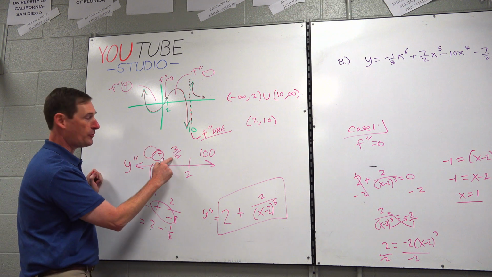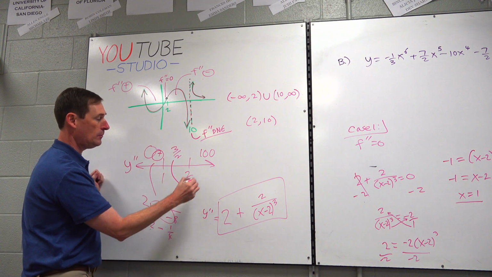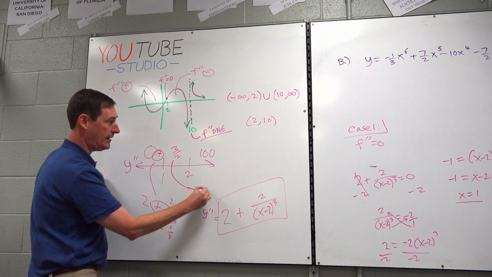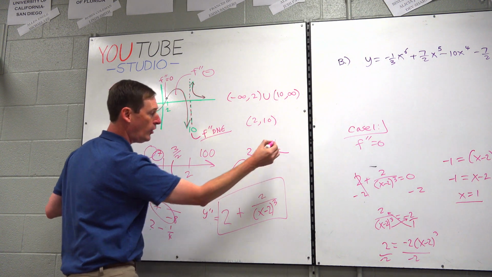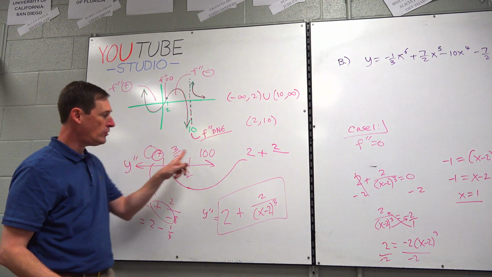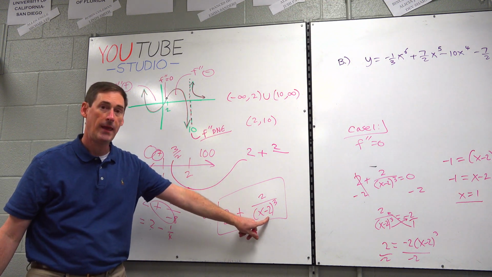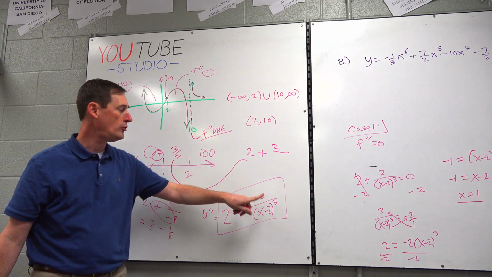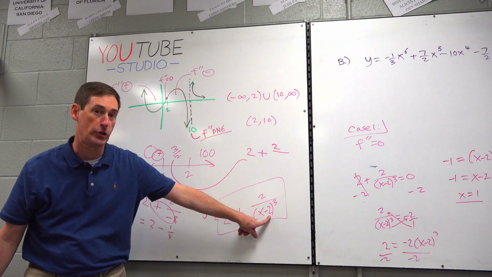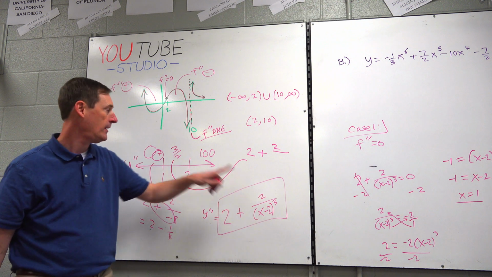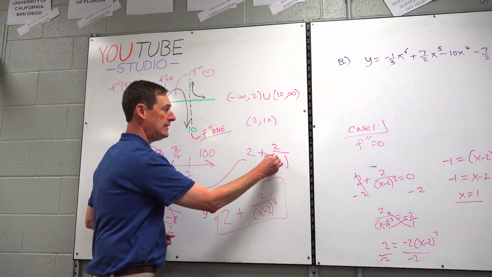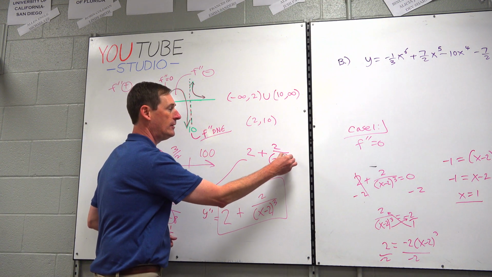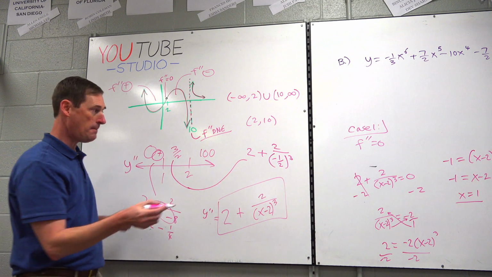Now, take 3 over 2. Plug that into the derivative. All right, let's put it over here. 2 plus 2 over 3 over 2 minus 2 is actually 3 over 2 minus 4 over 2, common denominator. 3 over 2 minus 4 over 2 is negative 1/2 cubed, okay?